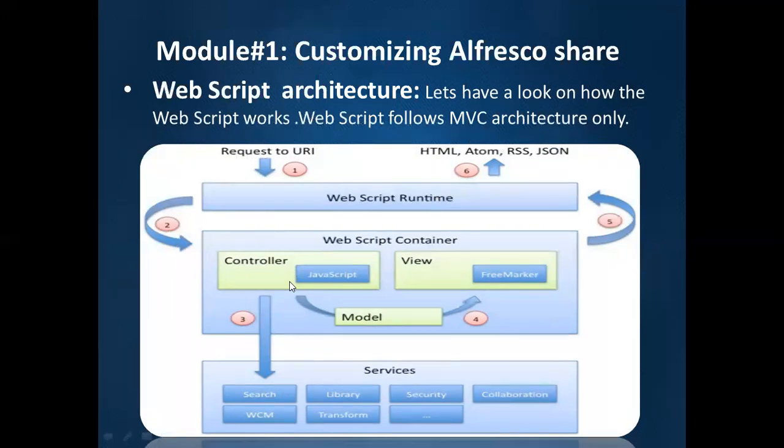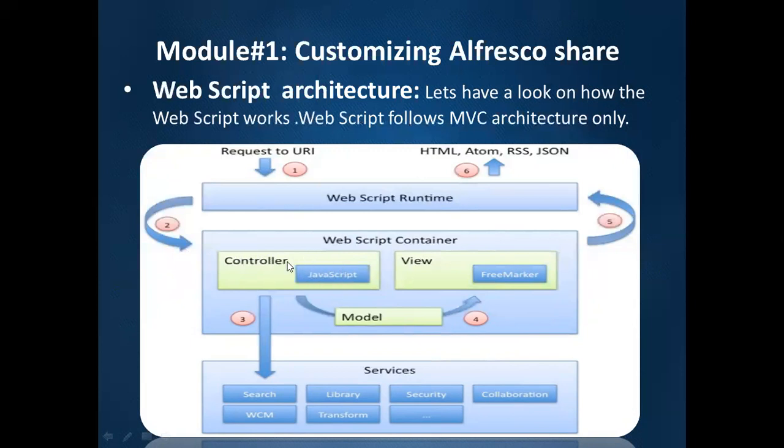We will see what that means: controller, model, view, and all these things. Just remember this schema. So the request goes to the controller. In the controller, you can work with it using a JavaScript or a Java-backed web script.